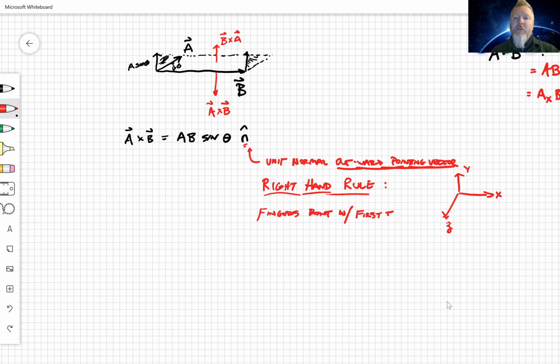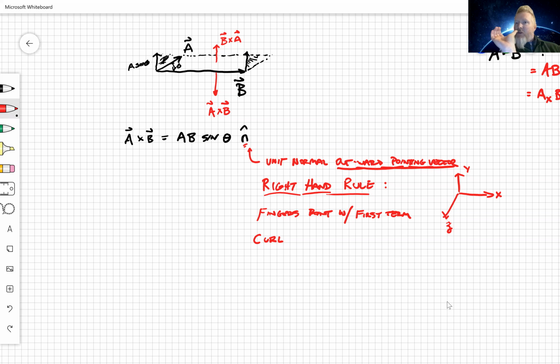Whatever is first in the cross product, fingers point with the first term. Then curl your fingers towards the next one, right? Just try to make them go in that direction. So it's not like I'm changing the rotation of my hand or anything. For example, for this XY one here, I've got the X this way, and all I'm doing is trying to make the fingers go in the direction of Y, like that. And then Z, you can't see it, but Z would have been out at me like this.